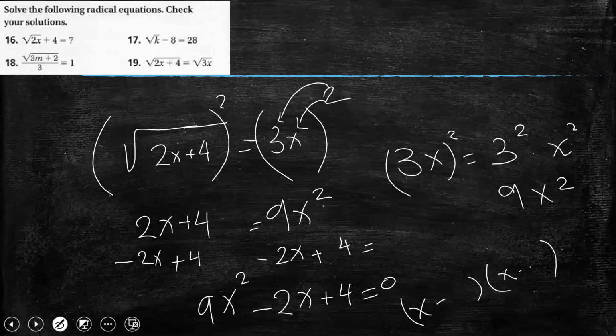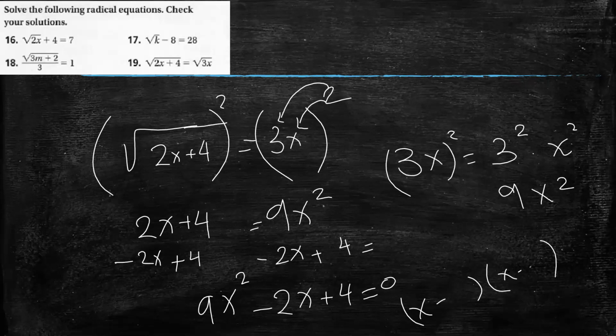So there's none. Even if you factorize 36, you cannot get negative 2. So here there's no solution for this type of equation.